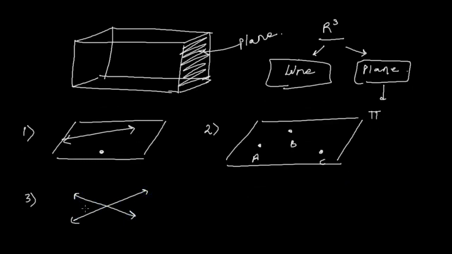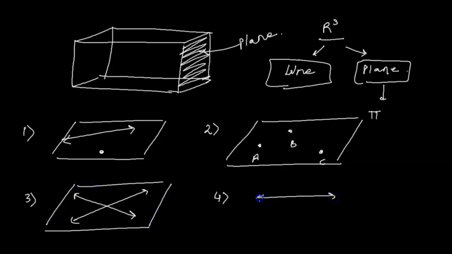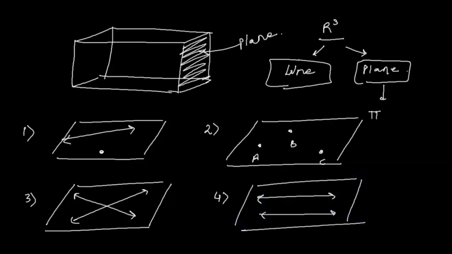We know the line equations. We can use that to determine the plane. Fourth is if we're given 2 parallel lines that are non-coincident, then also we can determine the plane that contains these 2 parallel lines.